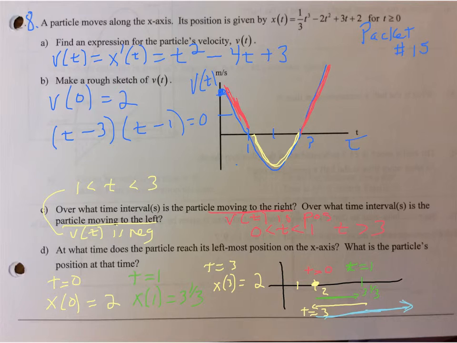So our answers lie in t equals 0 and t equals 3, at both of which times the position is at 2.